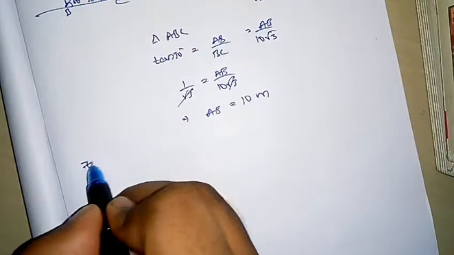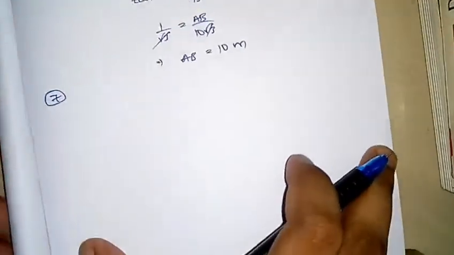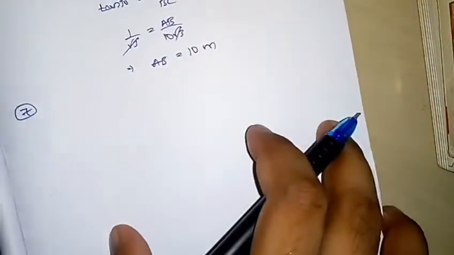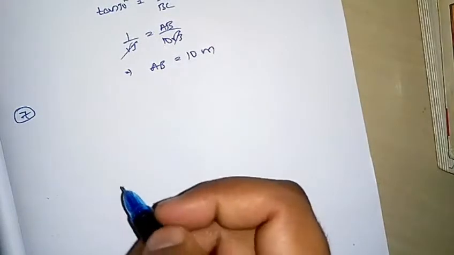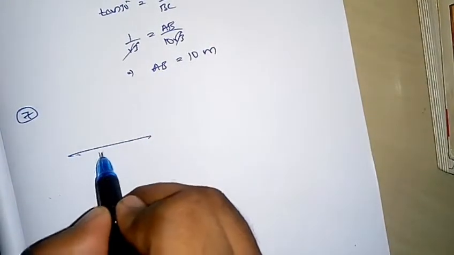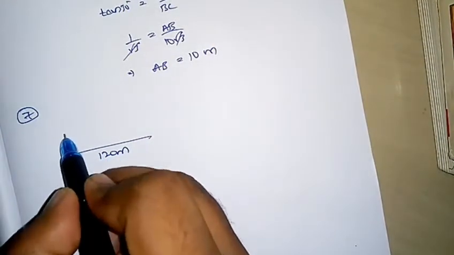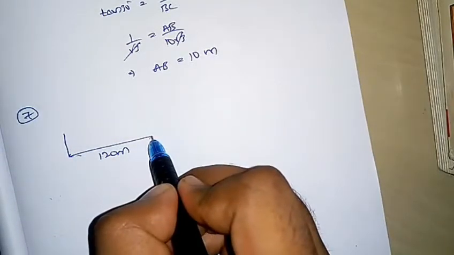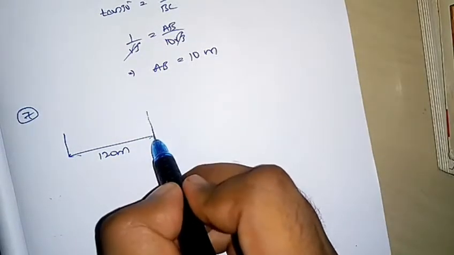Now let's solve the seventh question. Two poles of equal height are standing opposite to each other on either side of the road, which is 120 meters wide.